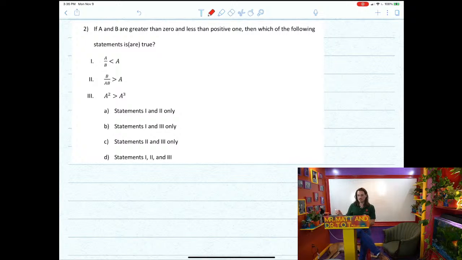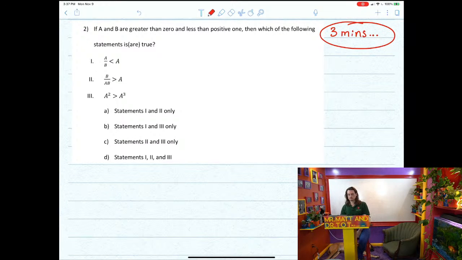I'm going to give you 3 minutes, and then I'll give you the solution. I'm sorry, I didn't start the time yet. I want to read the question for everyone. If A and B are greater than 0 and less than positive 1, then which of the following statements is or are true?